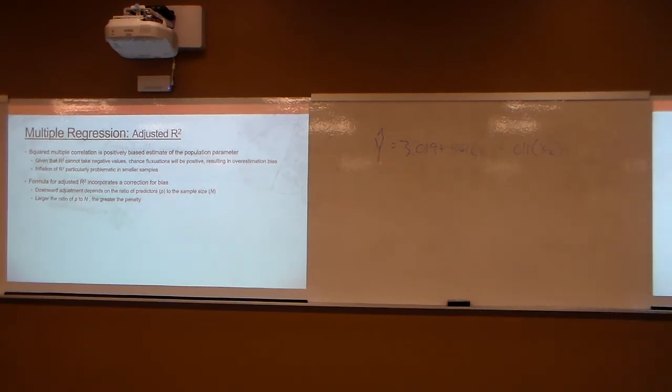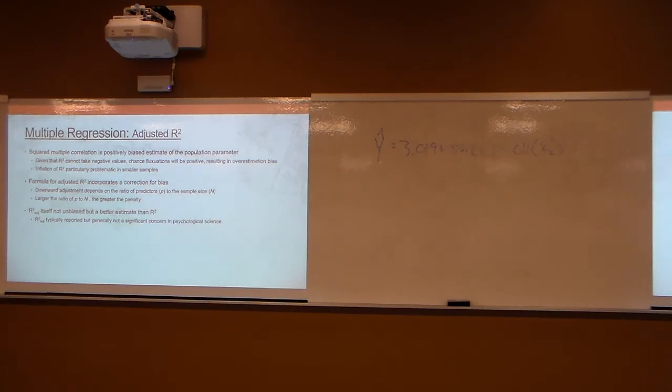It's going to depend on my number of predictors and my sample size, and the larger the ratio of my number of predictors to my sample size, the more penalty I'm going to get. So if I have a sample of 30 and 2 predictors, I'm probably going to get a decent penalty for comparing my R squared to my adjusted R squared. But if I have 10 predictors and 30 people, I'm going to get a much bigger adjustment in my penalty.